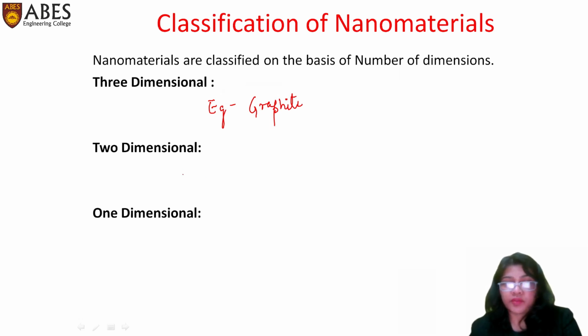The second example, for a two-dimensional nanomaterial, is graphene. And an example for a one-dimensional nanomaterial can be taken as nanotubes.